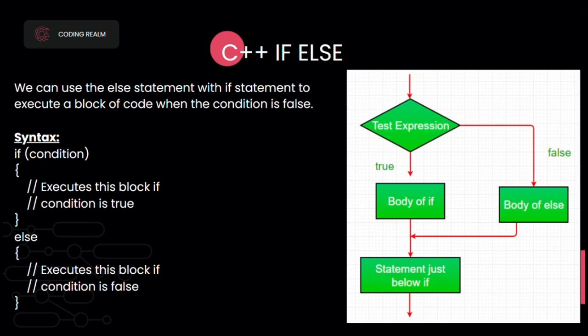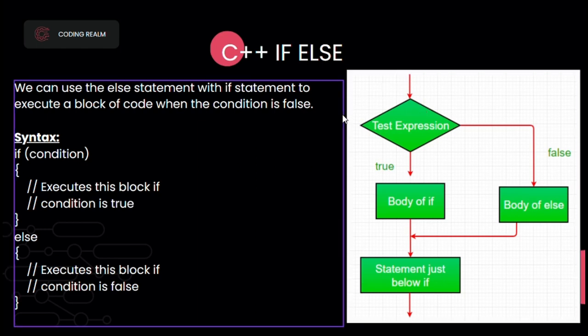Now the if else in the C++ language. We can use the else statement with the if statement to execute a block of code when the condition is false. This is the flow chart of the if else statement.